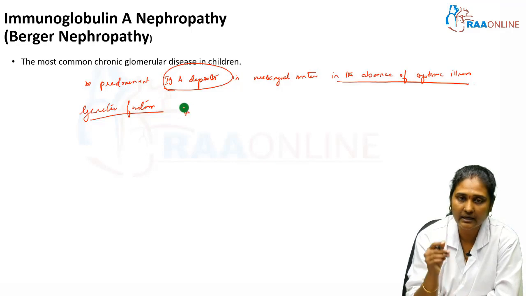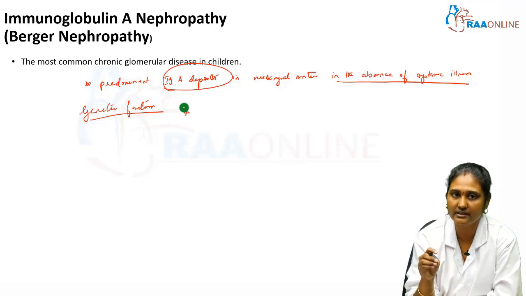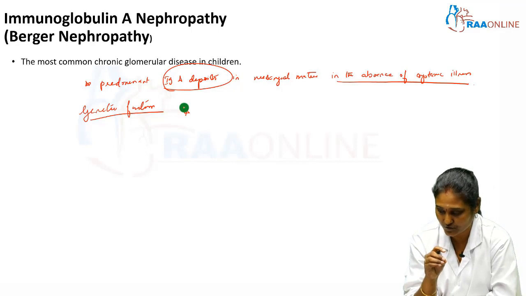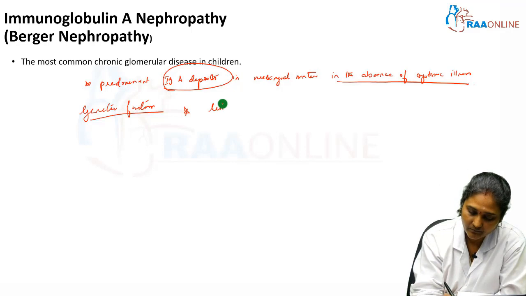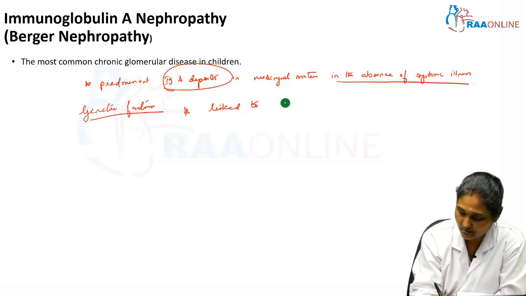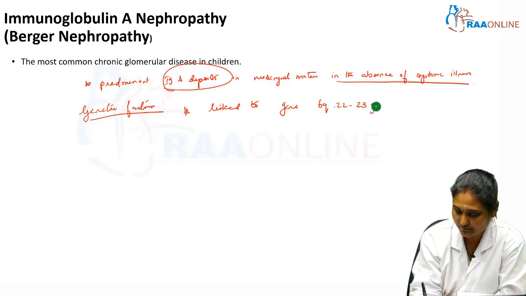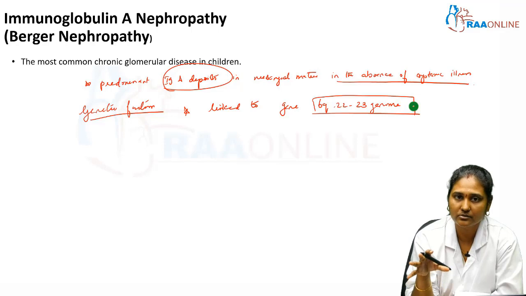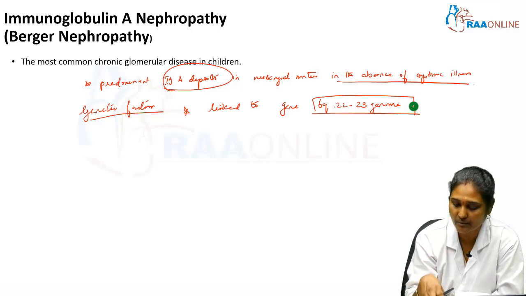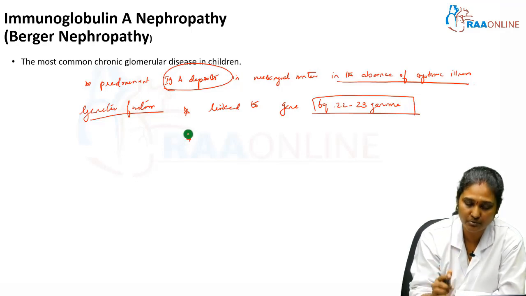This familial clustering signifies a genetic predisposition, which is linked to the 6q22-23 locus. In general, there is a high predisposition in children living in Southeast Asia.